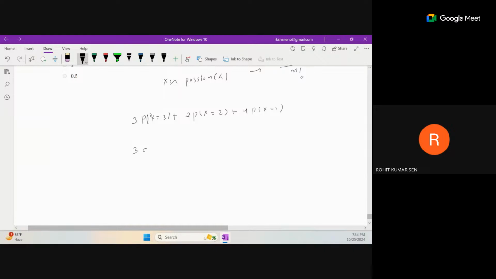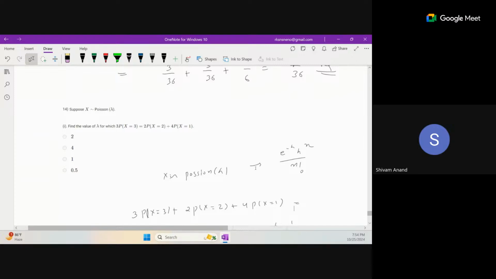It is going to be 3 into e to power minus lambda, lambda to power 3 upon 3 factorial, plus 2 into e to power minus lambda, lambda to power 2 upon 2 factorial, plus 4 into e to power minus lambda, lambda to power 1 upon 1 factorial, which is equal to what? It is equal to something, right?